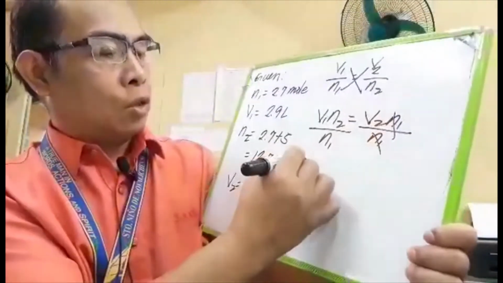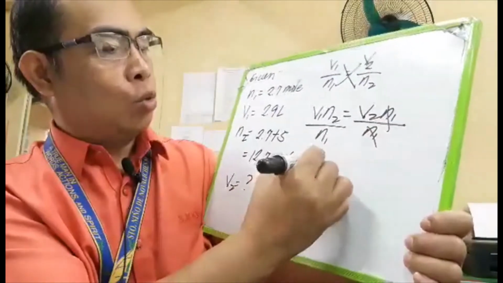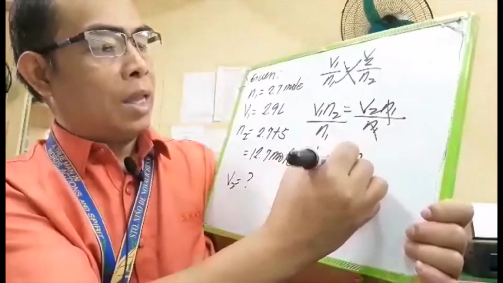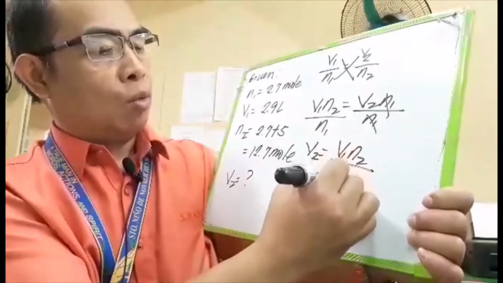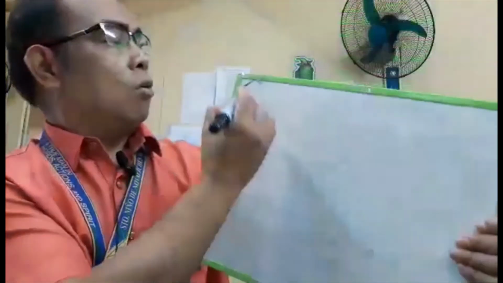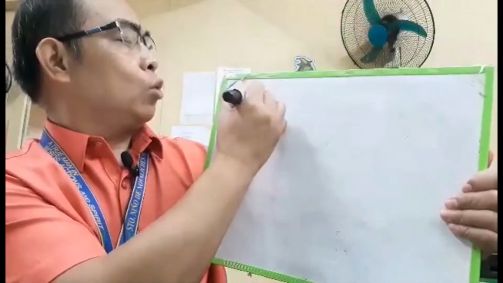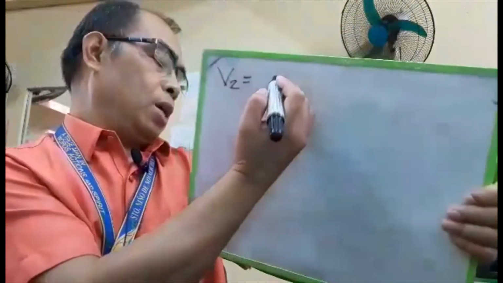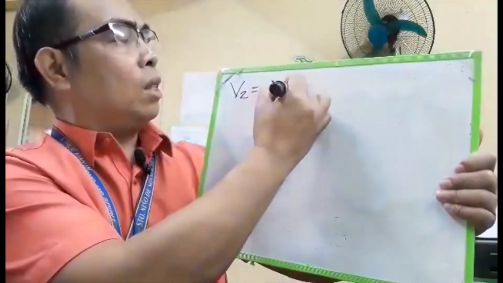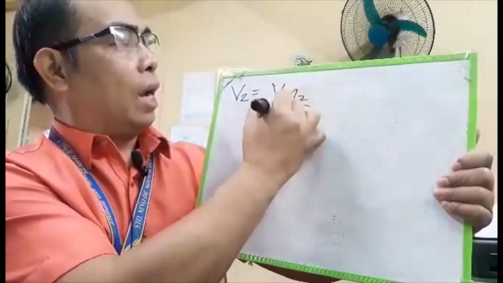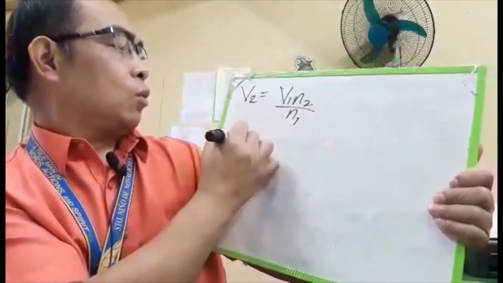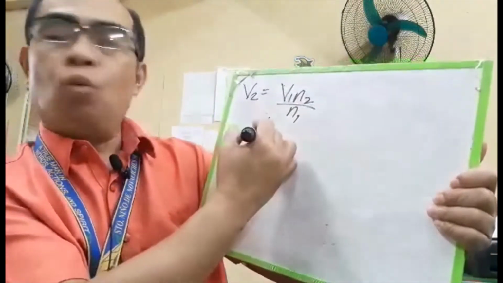Cancel this. So V2 is equal to V1 N2 over N1. Okay, so I repeat, V2 is equal to, we have our formula, V1 N2 over N1. So let us try to see, what is our V1?